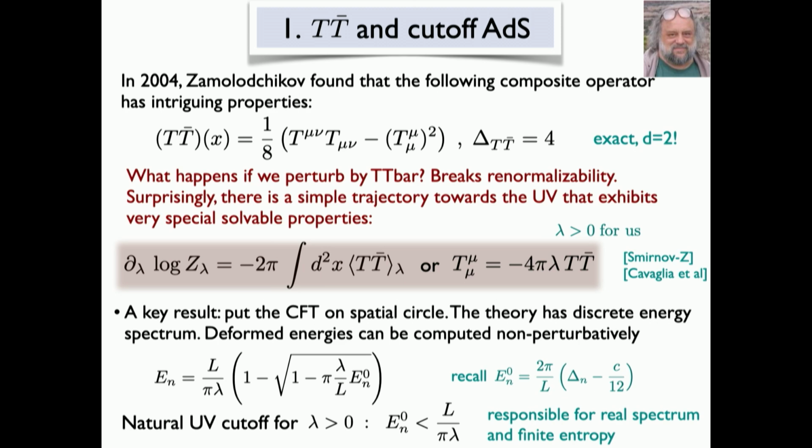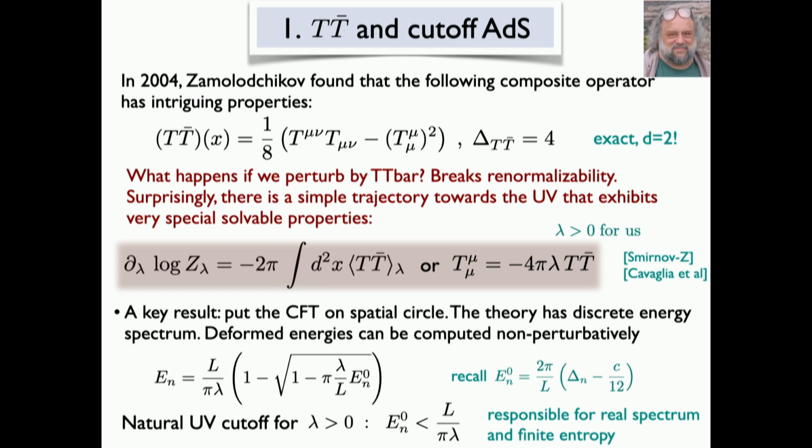And then here on the left-hand side, you see the result for the non-perturbatively deformed energy levels. Okay? So this formula has something very important appearing, which is the square root. Notice that when lambda goes to 0, of course, one recovers the undeformed energy levels. We go back to the CFT.